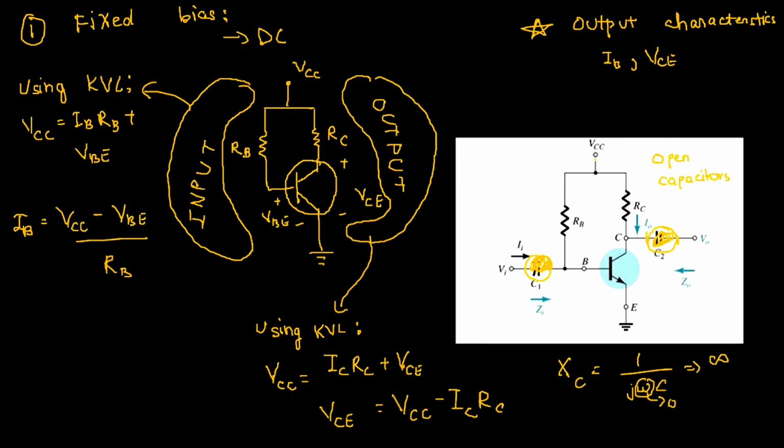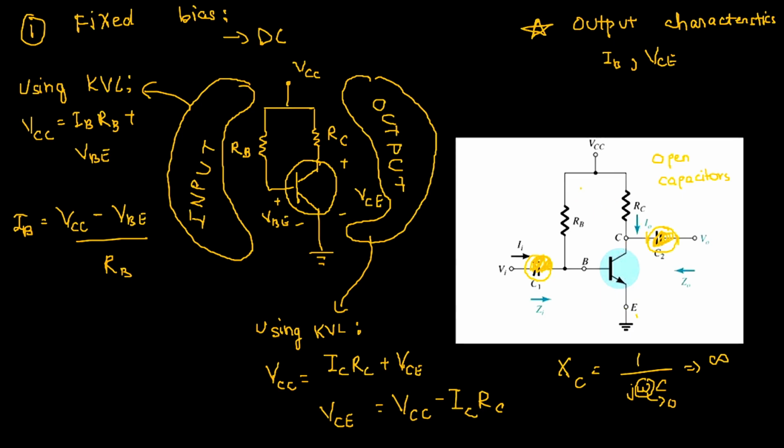So in fixed bias, you have the voltage source in the middle, and you have a base resistance to your left, which is directly connected to the base terminal, a collector resistance on your right, which is directly connected to your collector terminal, and the important part here is that the emitter is grounded. So this is how the fixed bias circuit looks.